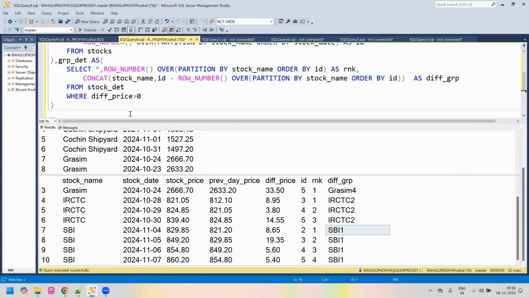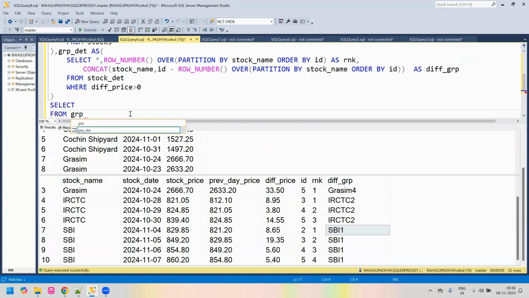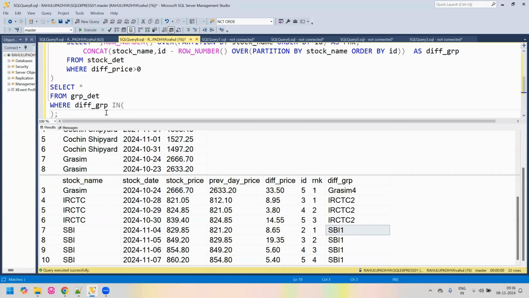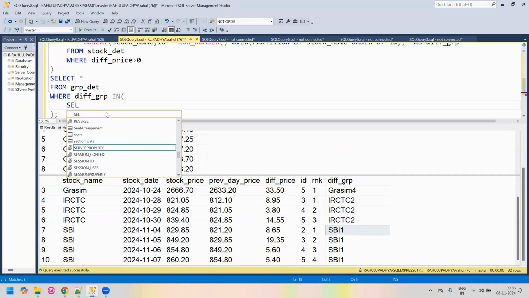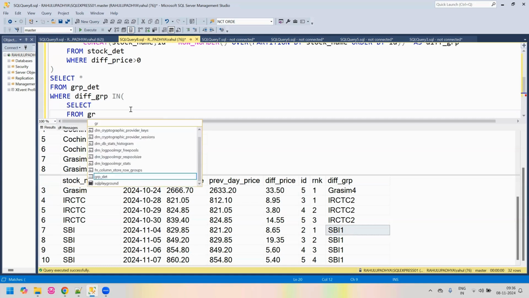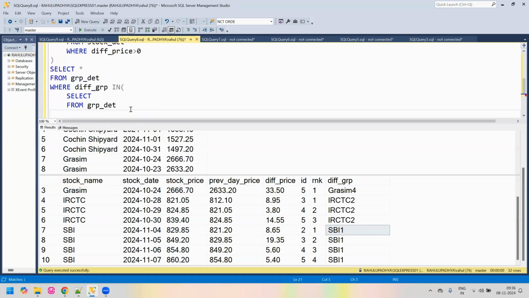Okay. So now we have to get the data from here, that is the group DT. Okay, so let's pick all the columns for now, but we will keep only those groups, those entries where the groups have total count as 3 or more. So what we will do is we will create a subquery, and here we will fetch the group details where the count is 3 or more.